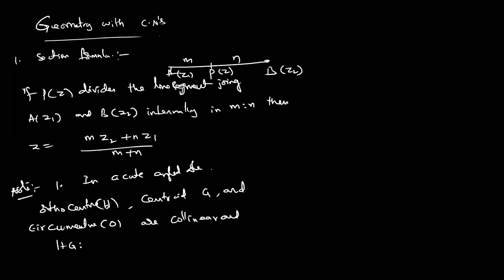And HG is to GO, what is the ratio? 2:1. The centroid divides the orthocenter and circumcenter in 2:1 ratio.